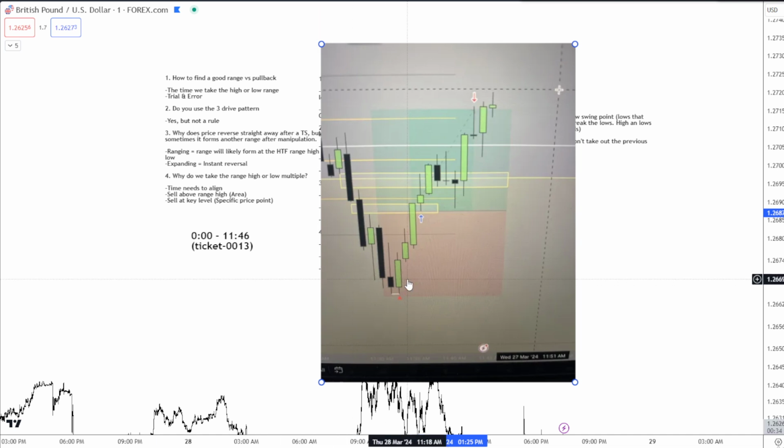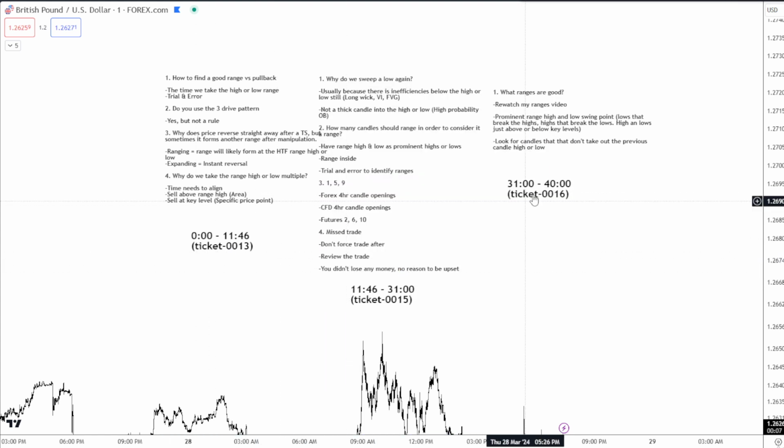If you struggle with entries, that's honestly a good thing because I think the entry method is honestly one of the easiest parts, right? Understanding the narrative and the draw on liquidity, right? If you know that, finding an entry is probably the easiest part, right? So that's probably a good problem to have. If you couldn't find an entry down here, like waiting for an inverse and playing the continuation, right? It's a pretty good trade, by the looks of it.